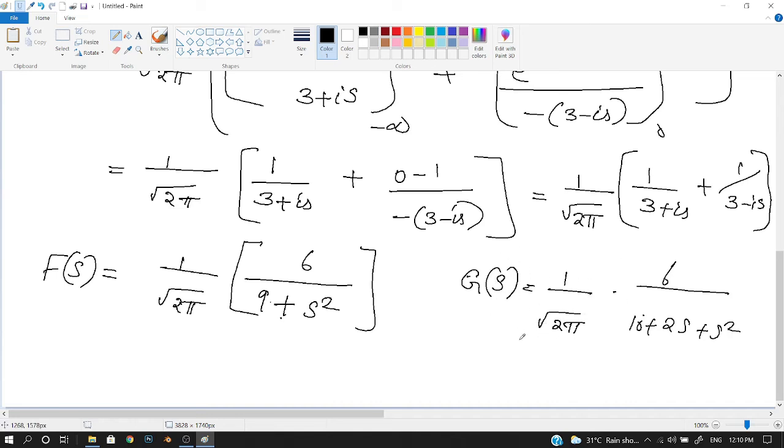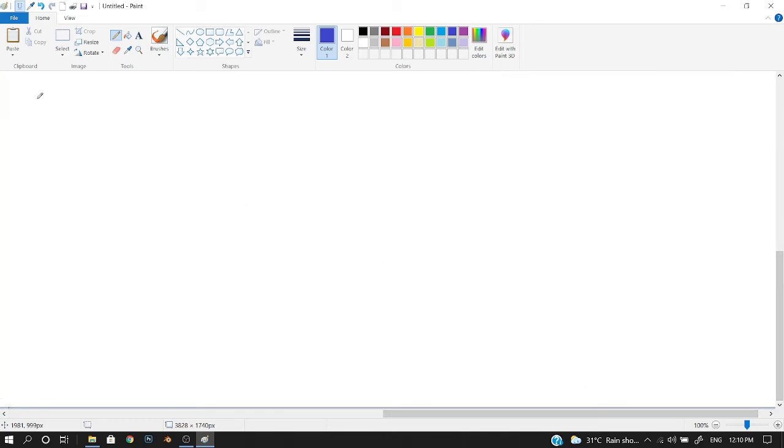So here we can rearrange the terms in g of s as 1 by root 2 pi, then 6 divided by (s plus 1) the whole square plus 9.